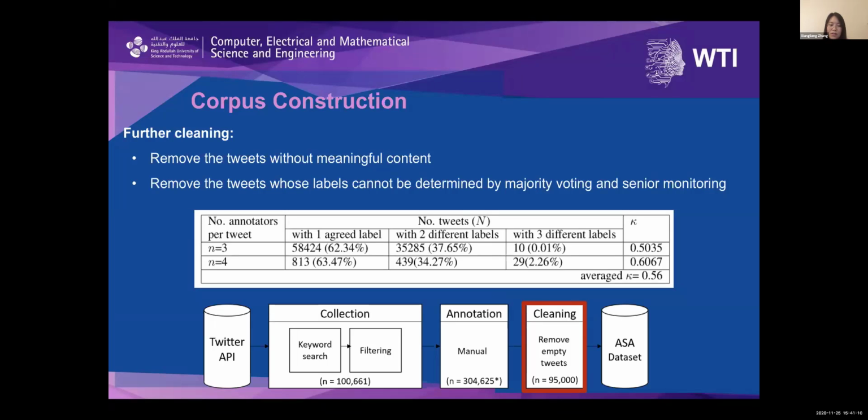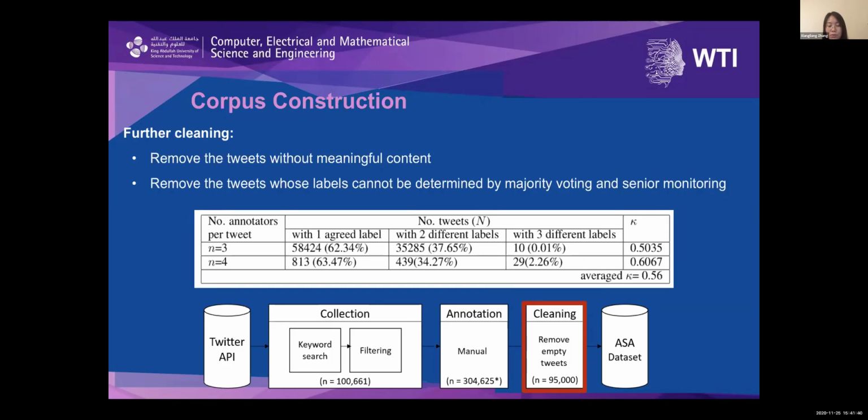We also checked if all the annotators agreed with each other, or they provided 2 different labels, or even 3 different labels. In the table here, we can see most of the tweets had an agreed label. But of course, some other tweets didn't have an agreed label. For the tweets with 3 annotators, we have about 37% with 2 different labels.